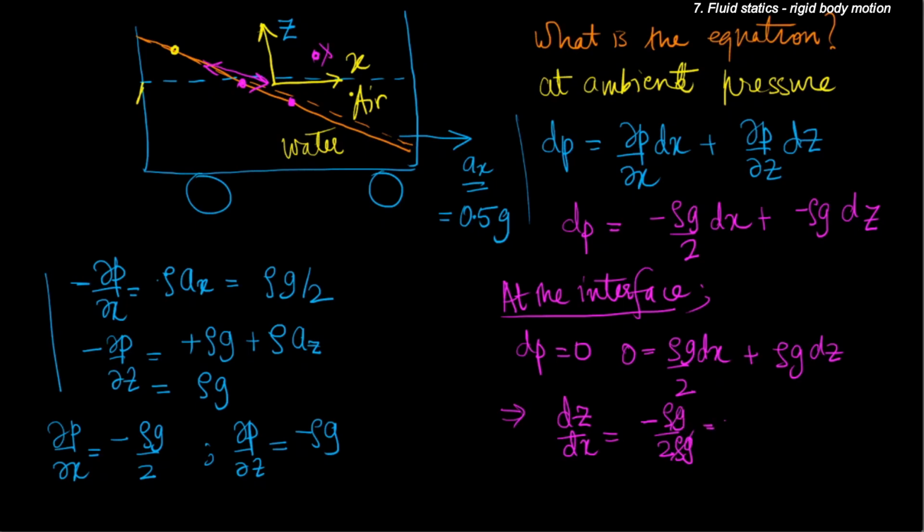So this becomes minus half. So thus if we integrate this equation, dz dx equal to minus half, and this implies that z is equal to minus x upon 2 plus constant. So this is an equation for a line with a negative half slope with a certain intercept.